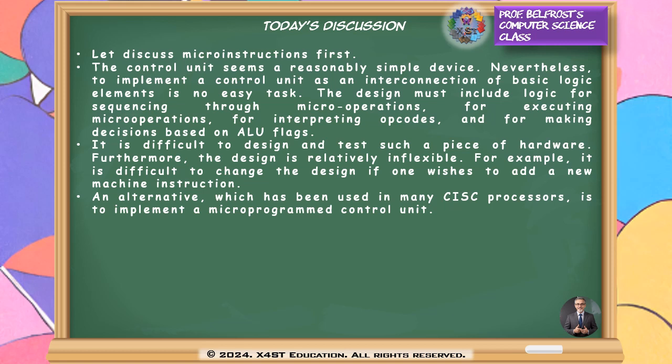It is difficult to design and test such a piece of hardware. And furthermore, the design is relatively inflexible. For example, it's difficult to change the design if one wishes to add a new machine instruction. So an alternative which has been used in many CISC processors is to implement a microprogrammed control unit.